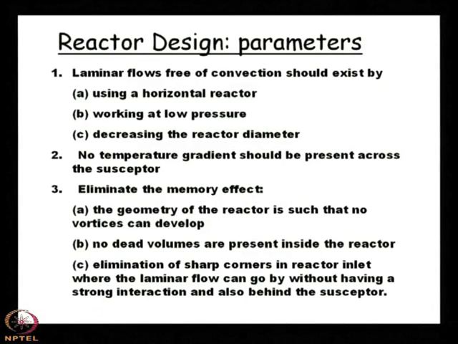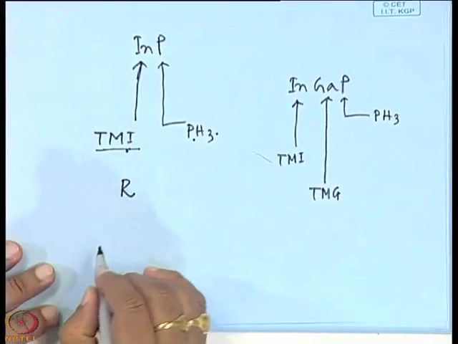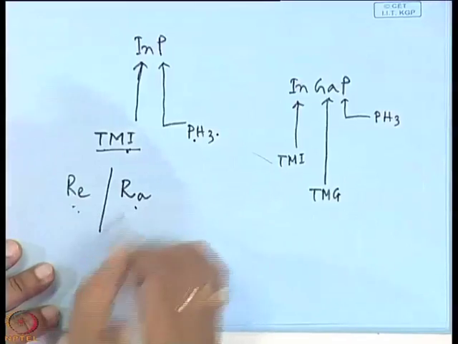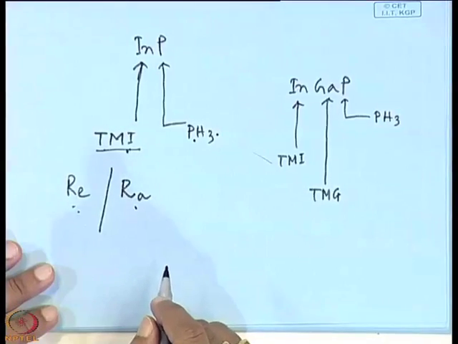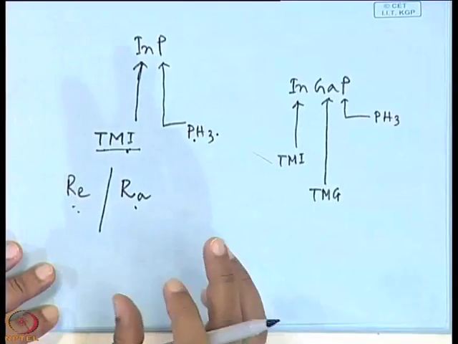Okay, so what we see is the Rayleigh number and the Reynolds number. These two things we have to consider. Suppose you now try to develop a CVD reactor for any material, say a new material, say for nitrides, there is immense scope for nitrides, there is immense scope for ceramic thin films.